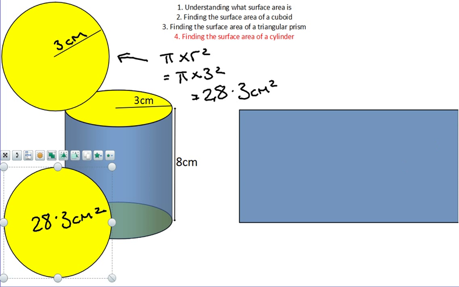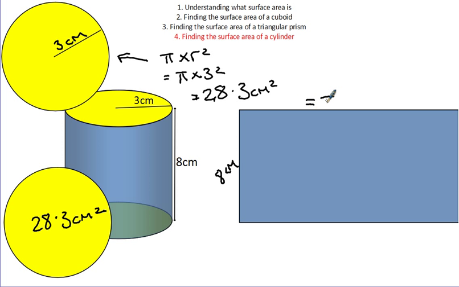So we know it's got a height of 8 centimetres, but we need to work out this distance here. Because this label is going to fit exactly around the cylinder, this top ledge here would go around the edge of the cylinder. So we need to work out what the circumference of this circle on top of this cylinder is.